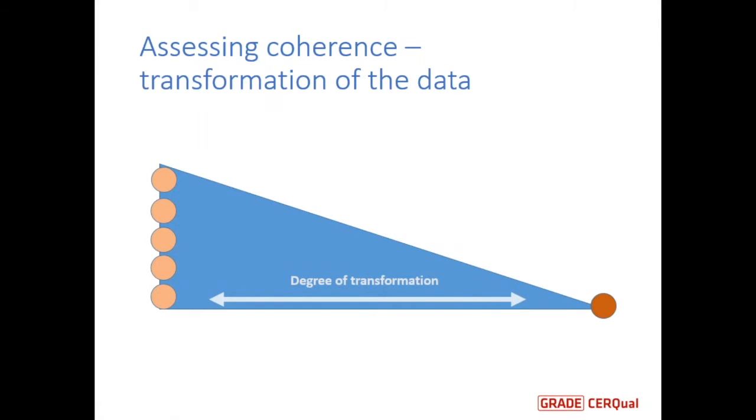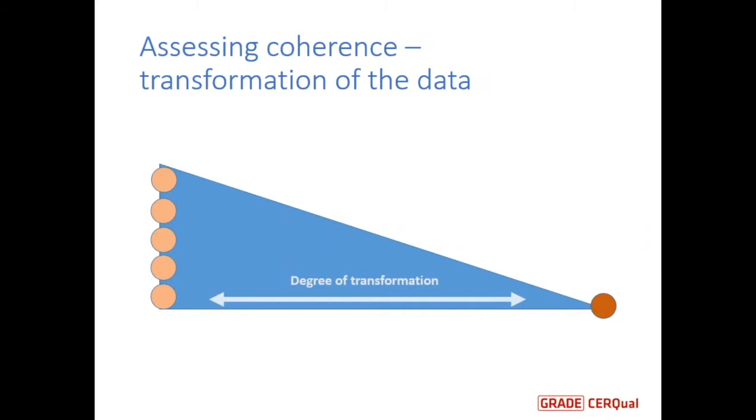So for coherence, essentially what we're assessing is, is the review finding a good representation of the data? And that might seem like a given, that of course it should be a good representation of the data. But one can assume that there are many situations where you have a review finding and it may not represent all of the nuances in the data, or some of the data points actually show the opposite of what you're talking about, but it was just one small piece of data.